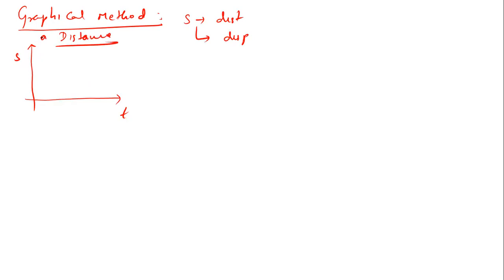If I have a distance time graph like this, what does this suggest? The distance is seen to be constant with respect to time. Let us say the distance here is 5 meters. The object is at rest.